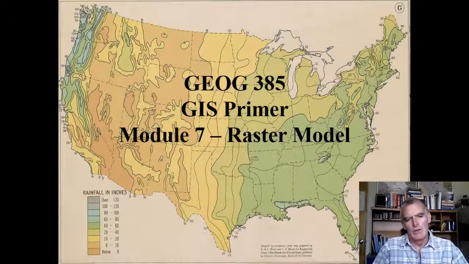Well, I'll tell you about making contour lines down the road a little ways, but you can imagine that this might be a raster map where the cells each have a different value for precipitation or rainfall in inches. But in order to make it more visible in terms of different categories of precipitation, you could reclassify the raster, and that would be a local operation, and that's what I talked about in the last video.